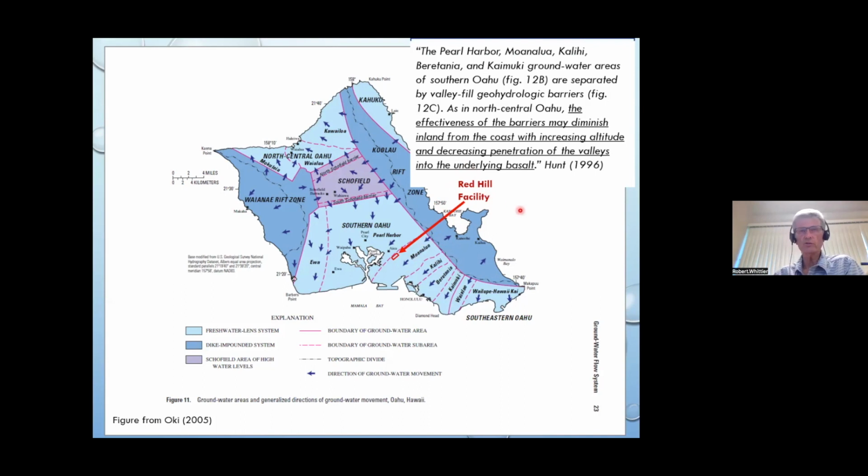And this is as described by Hunt in 1996. But he added a caveat. He said the effectiveness of these barriers would diminish going inland and that their penetration into the underlying basalt would also decrease going inland. So the Menck conceptual model and the Hunt conceptual model are not necessarily mutually exclusive.